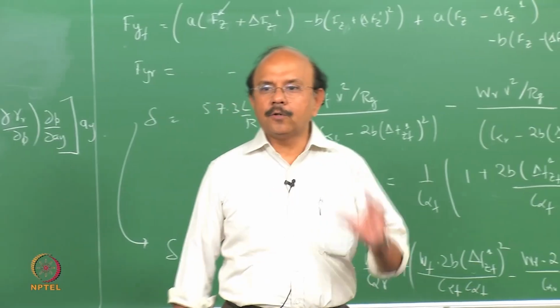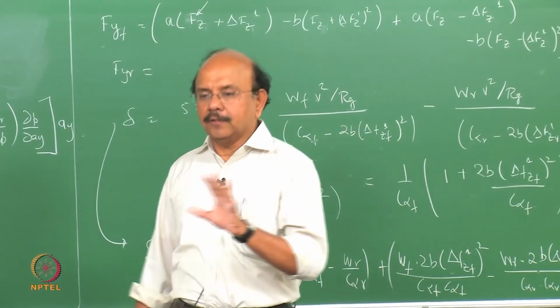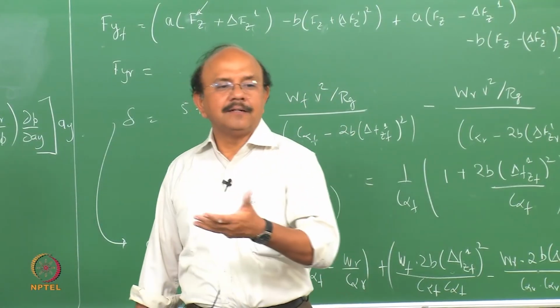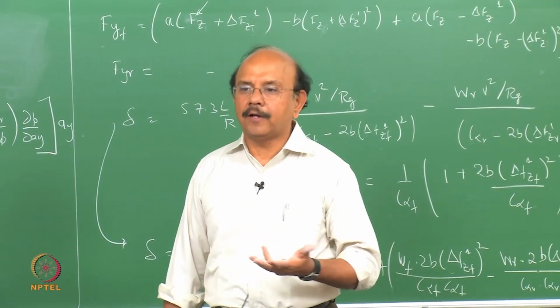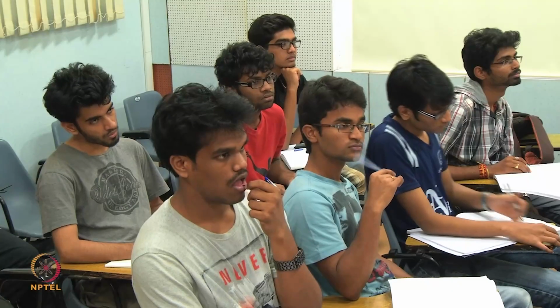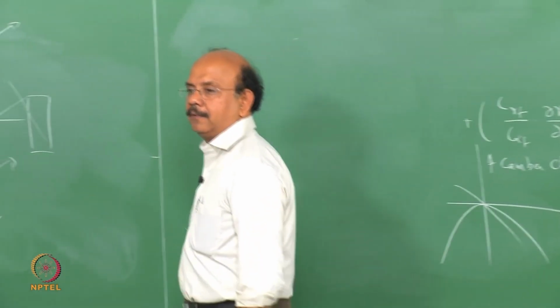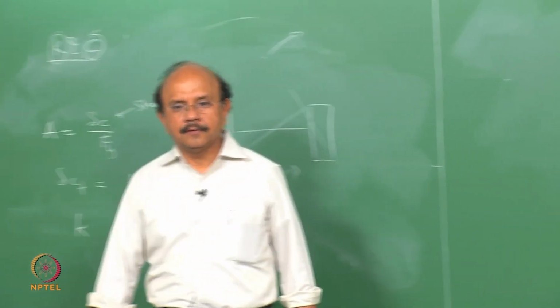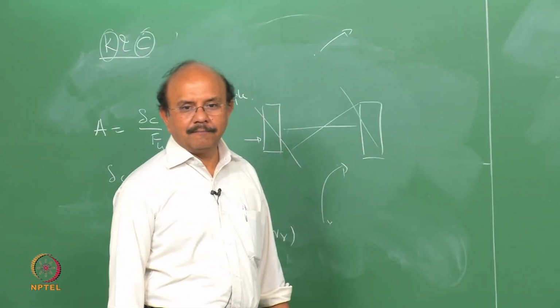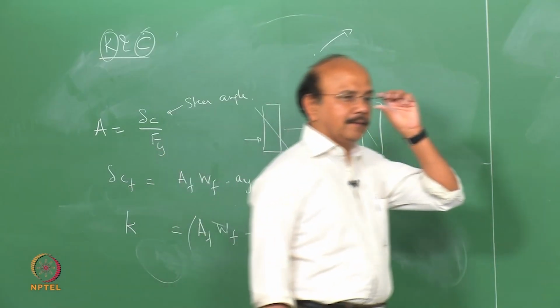Okay? So this load transfer would again redistribute alpha F and alpha R, and is going to have an effect on the understeer gradient.